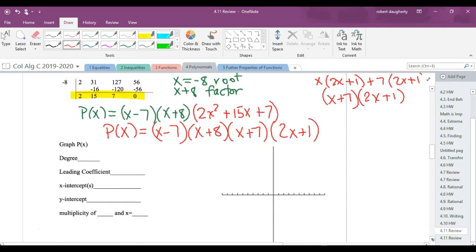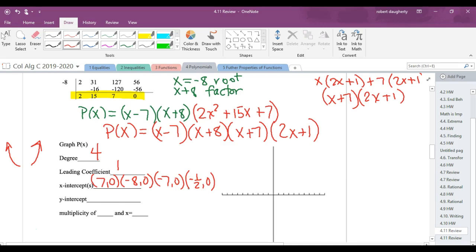This polynomial is a 4th degree polynomial. Leading coefficient is 1. Okay, I know that the end behavior is going to look like this for this graph. Where are the x-intercepts? They are at (7, 0), (-8, 0), (-7, 0), and (-1/2, 0).